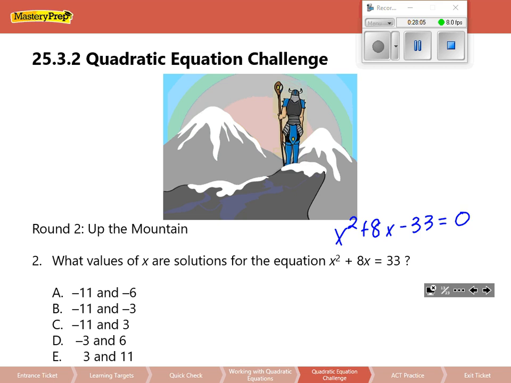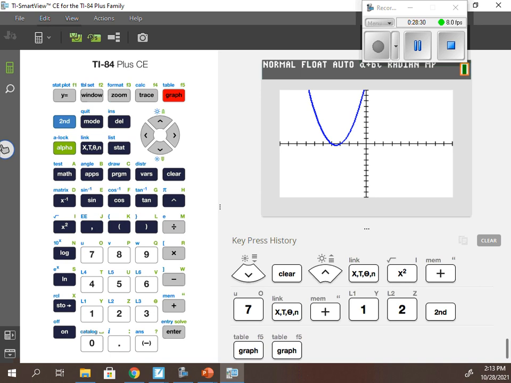Because is it possible for us to get a solution with imaginary, fractional, or irrational answers? Well, what are our answer choices? A is both whole number answers. B, C, D, and E all have whole number answers. There are no fractional, imaginary, irrational solutions. So that means graphing will work.